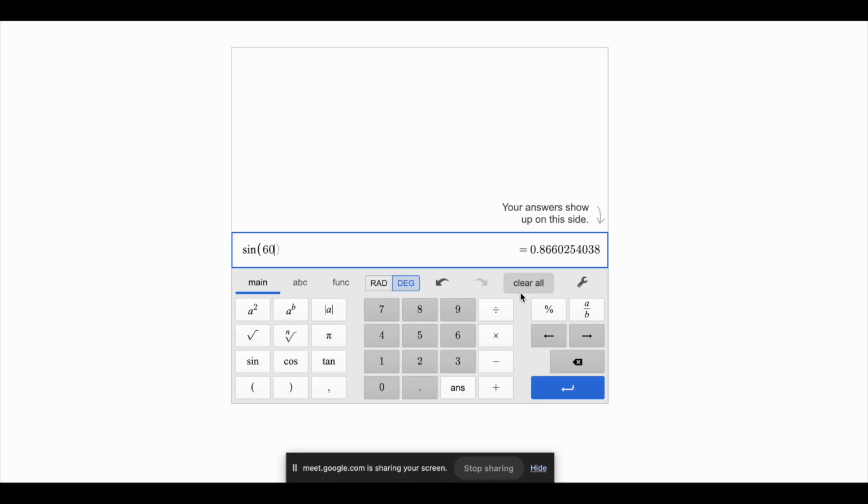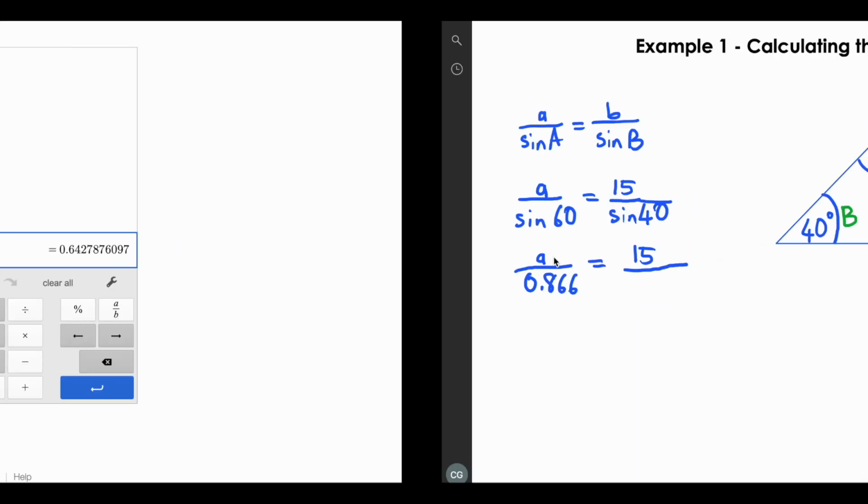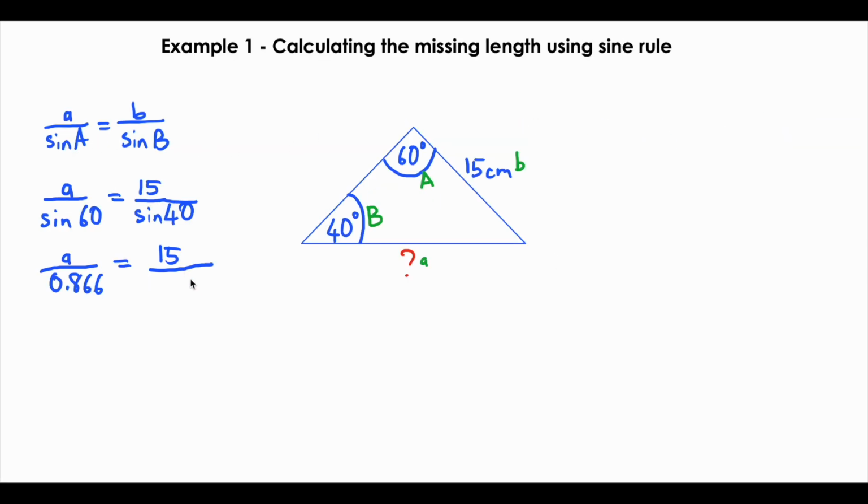Sine 40 is 0.64, and since this is a 7, it's going to round up to 0.643.